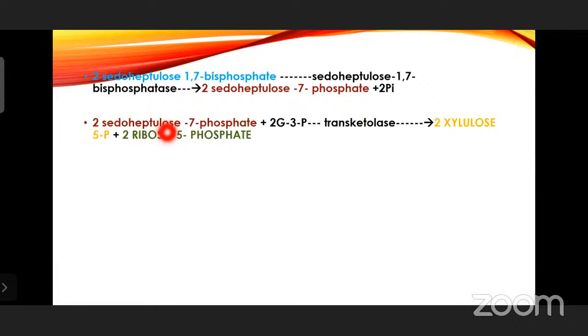Again, this 2 pseudoheptulose 7 phosphate combines with 2 molecules of glyceraldehyde 3 phosphate in the presence of transketolase enzyme, getting converted to 2 xylulose 5 phosphate and 2 ribose 5 phosphate.